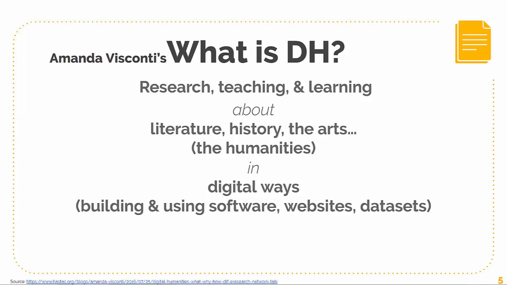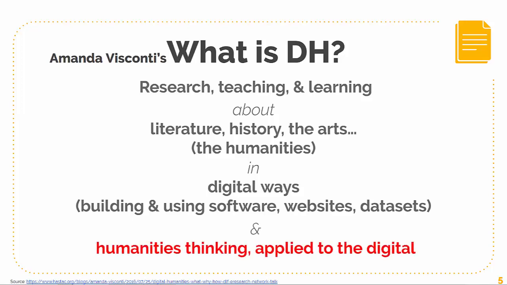But here's the key, that it uses humanities thinking applied to the digital. Therefore, there's still a humanistic analysis and a question being answered. So DH is more than simply digitizing objects and making them available. The analysis and visualization of these objects needs to serve a direct purpose and pose and answer greater questions about literature, history, and society.